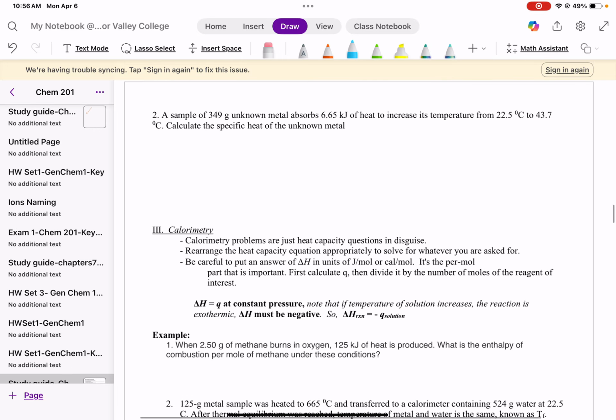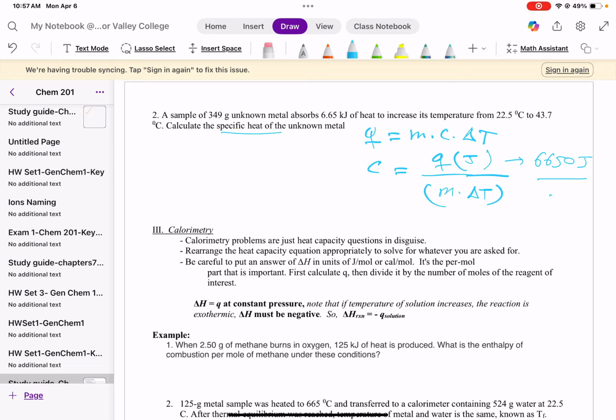This one is actually solved for C. Q equals mass times C delta T, so C will be heat, making sure you convert it to joule, divided by M delta T. In this case, it's 6,650 joule divided by that.